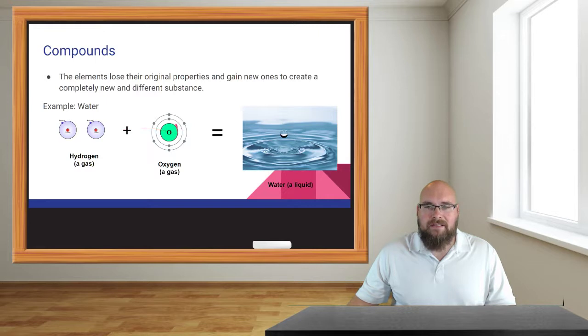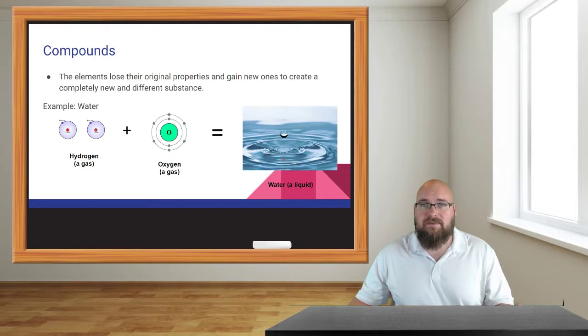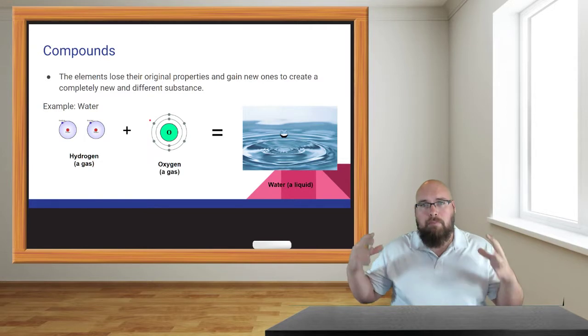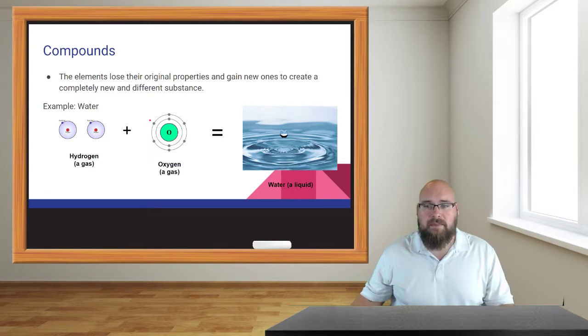When we add oxygen to it, oxygen is also a gas in its natural state. But once those 3 atoms are combined to form water, we get a liquid, which is typically the phase of matter at room temperature. So we see that the properties begin to change as we make new molecules by combining those elements together.